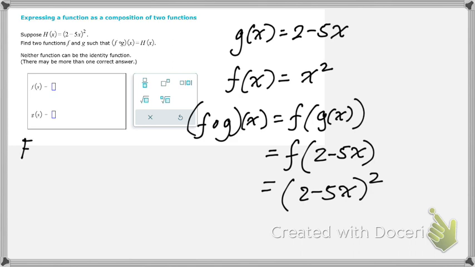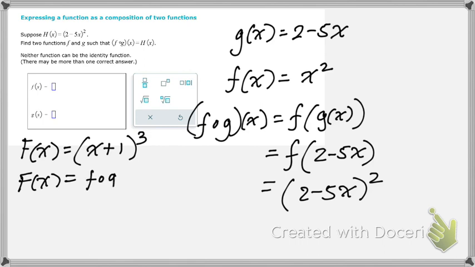And if I go, say, h of x is equal to x plus 1 to the third, what's f and g? Say h of x is equal to f composite g of x.